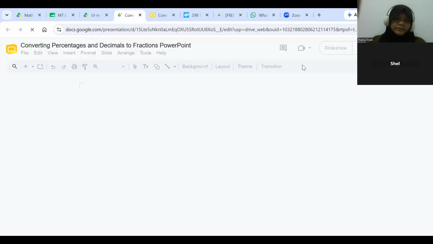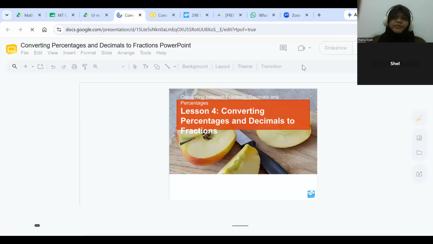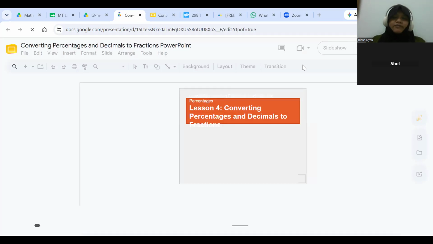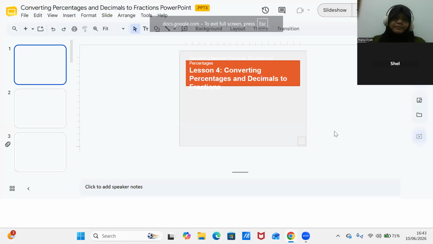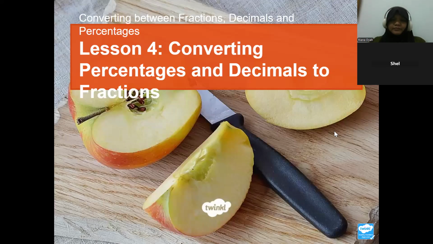Okay, this is the last topic of fractions. It's about percentage. Lesson 4, converting percentage and decimal to fraction. So before we converted from fraction to decimal and percentage, now it is the opposite.